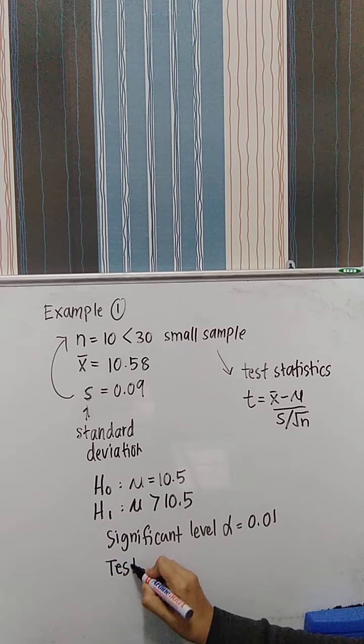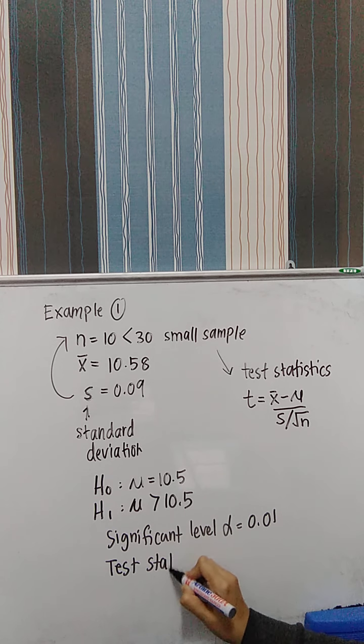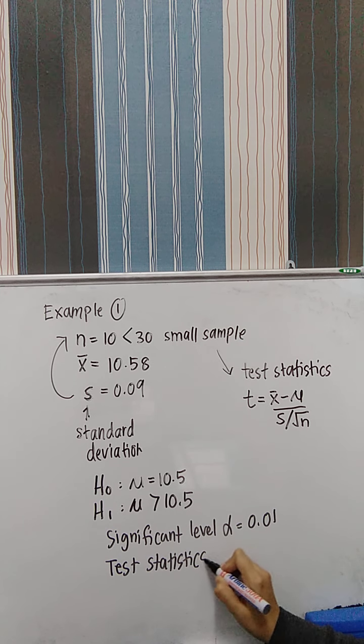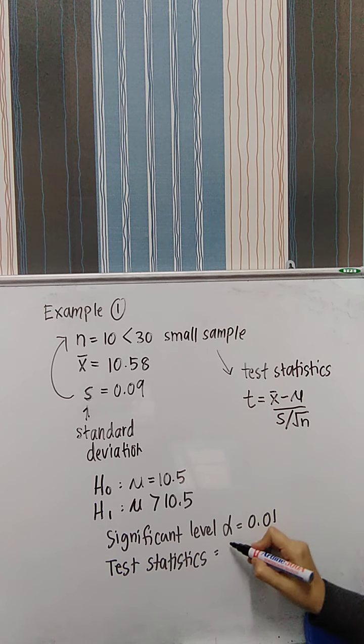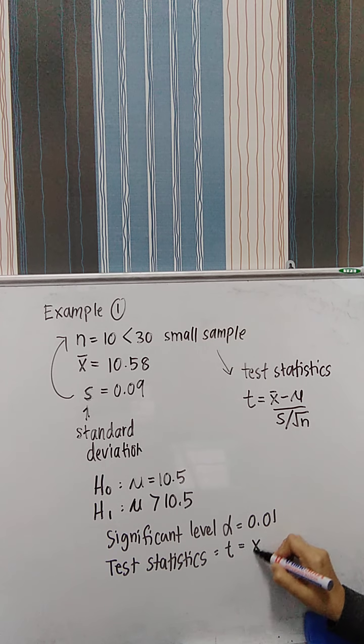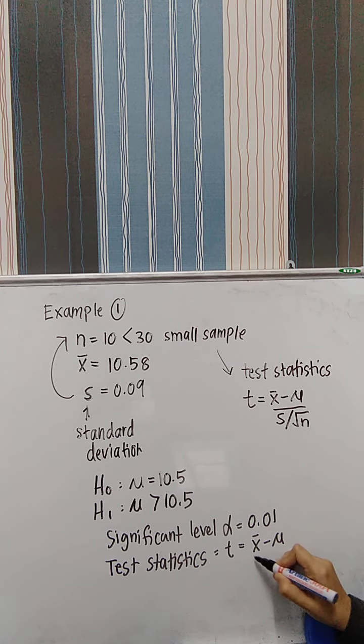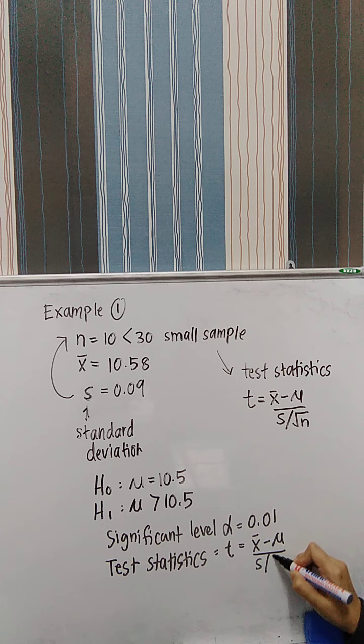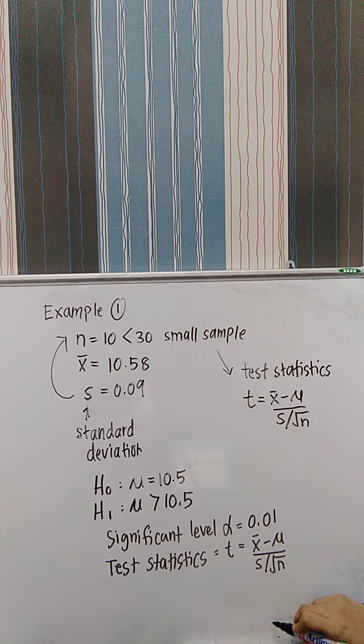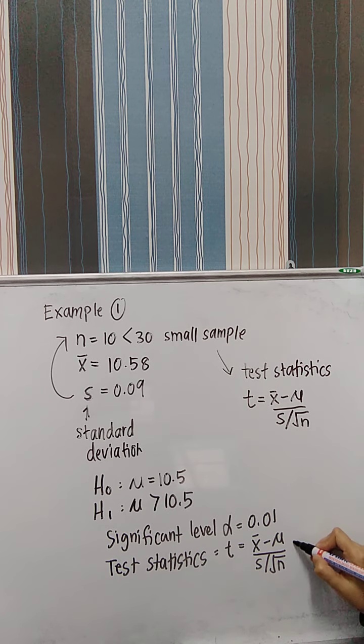Okay, so the next step is the test statistic. Here, t equal to x bar minus mu divided by s over square root n. You substitute the values.